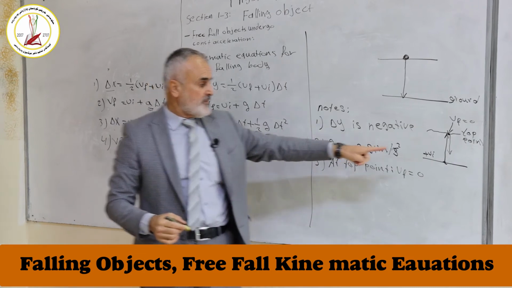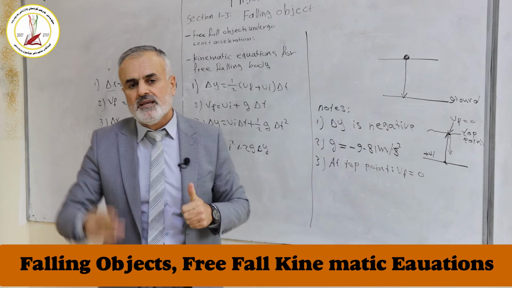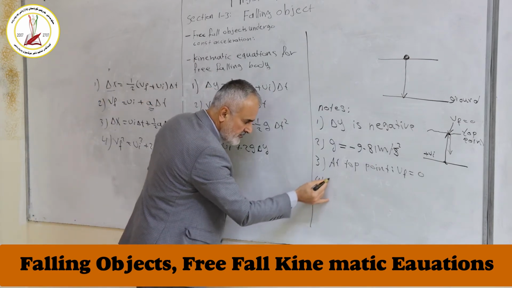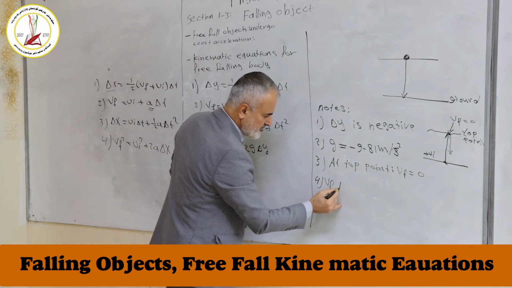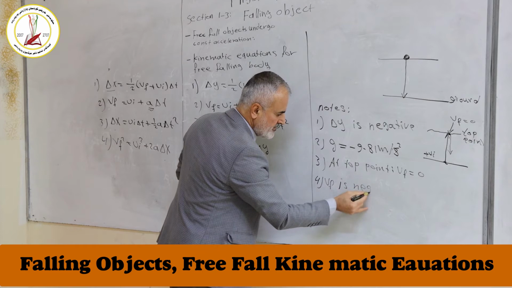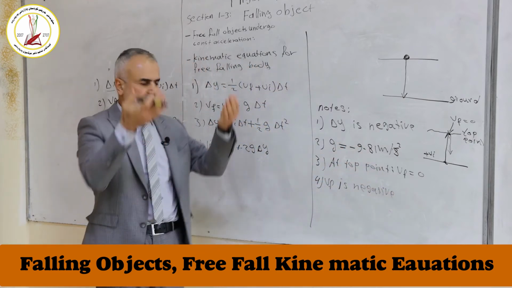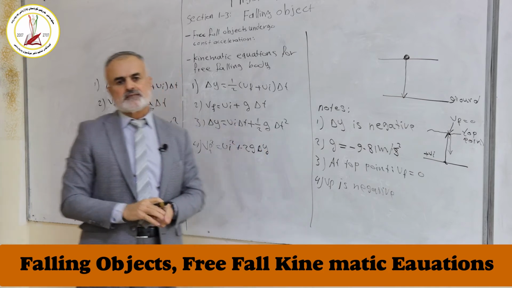But here, the velocity becomes negative. Why? Because it's directed down. So, student, V final is always negative when it moves down, because it's directed down.